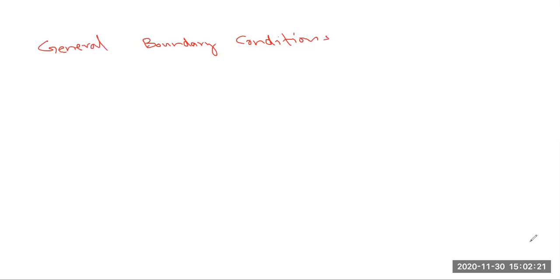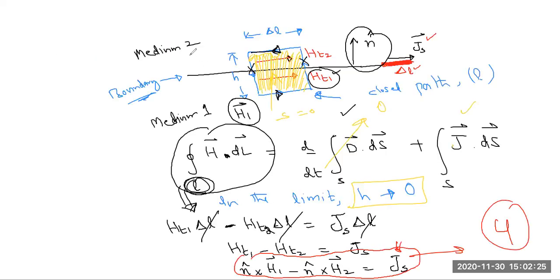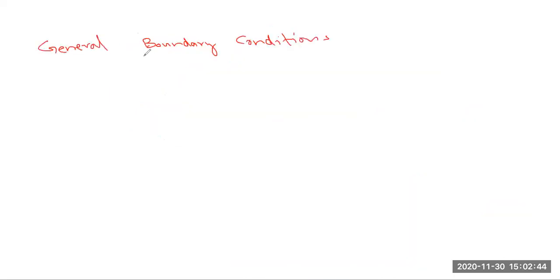Because in the whole derivation process, I haven't specified the nature of medium 2 and the nature of medium 1. So these boundary conditions are valid for any type of boundary between any type of medium. That is why I'm calling them general boundary conditions.